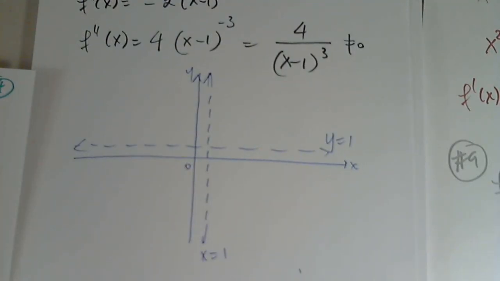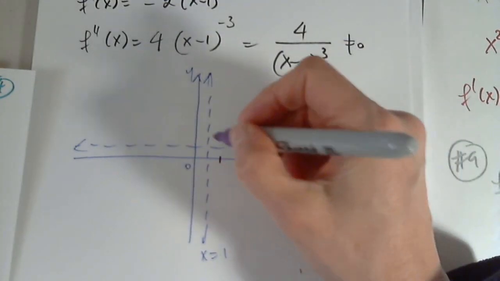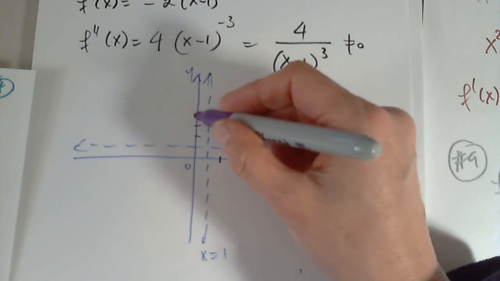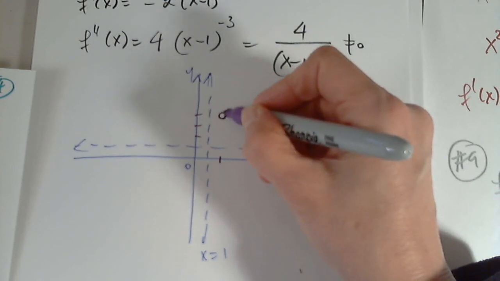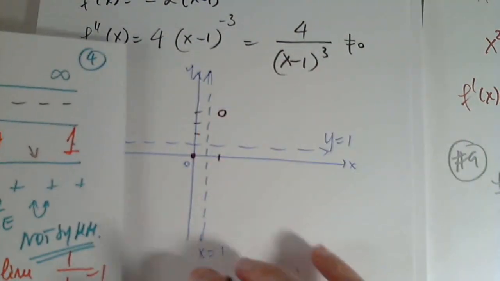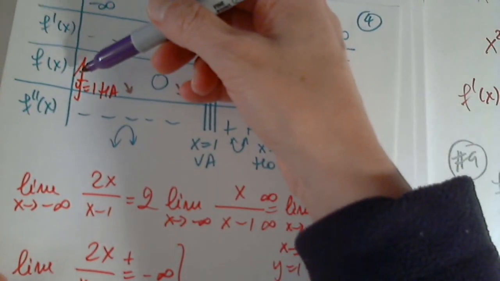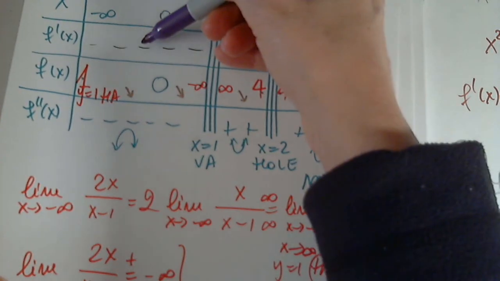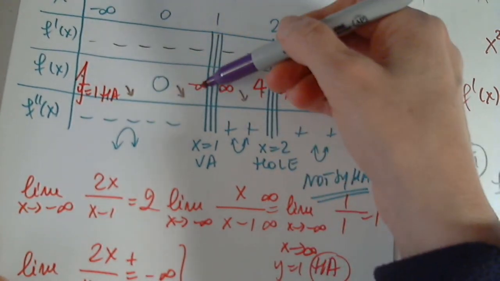And now the graph. 2, 2, 3, 4. Okay, and 0, 0. So it's coming from 1, crossing at the origin, decreasing all the time, opening down towards negative infinity.